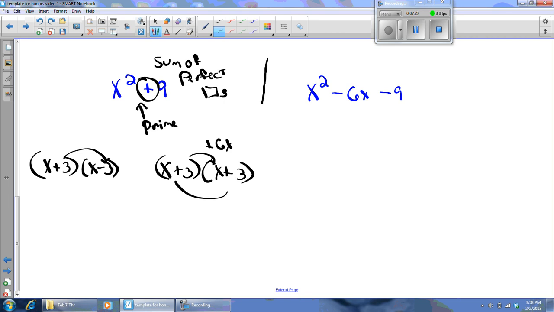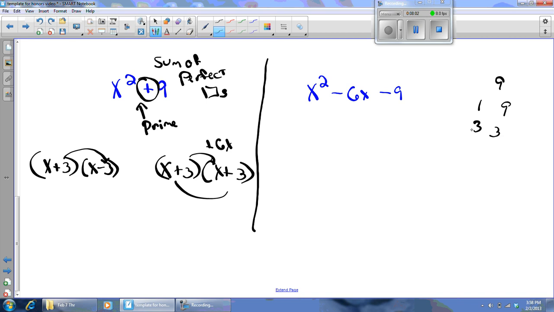All right. Now this one here. Is x squared a perfect square? Yes, it is. Is this one a perfect square? No, it is not. It's a negative 9. Do you know a number times itself that equals negative 9? I don't. Now it might be able to be factored, but it's not a perfect square trinomial. Let's test it here. Let's do the trinomial method. Let's put 9 over here, 1 and 9, and then 3 and 3.